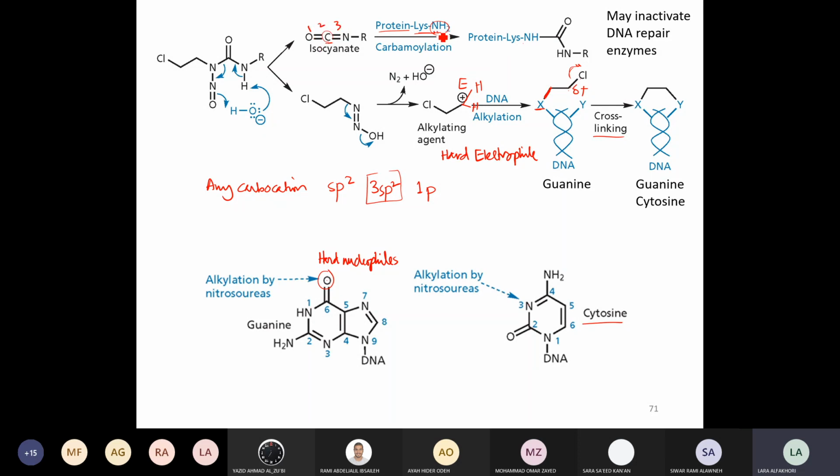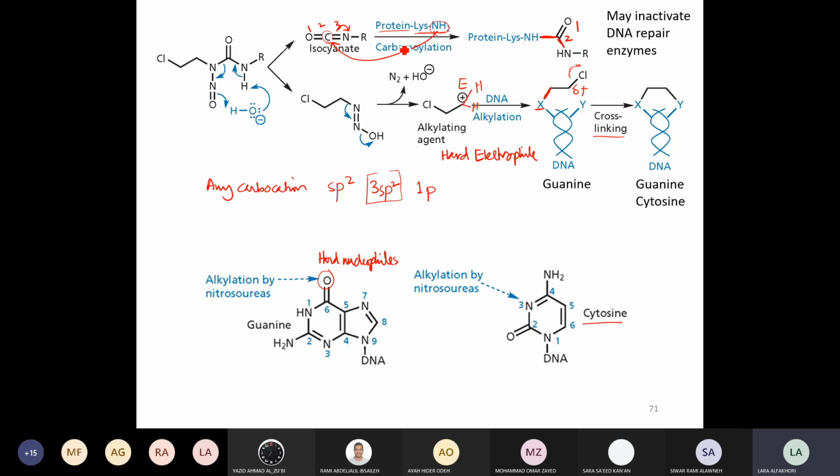I have an attack from this nitrogen on the carbon. This is the covalent bond formed between the nitrogen and carbon number 2. The oxygen is still positively charged, still having a pi bond with the carbon, and the pi bond between the carbon and the nitrogen breaks, so I would now have a single bond with the nitrogen.